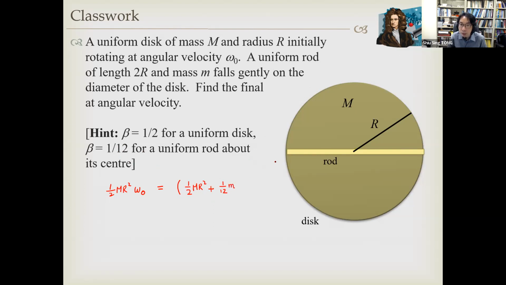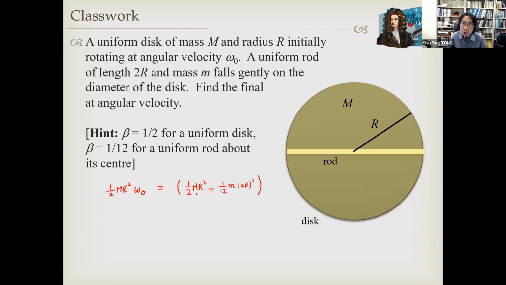But be careful. The length of the rod is not simply r, but 2r. So I have 1/12 of m of the length of the rod, which is 2r squared. So instead of just r squared, I need 2r squared here because 2r is the length of the rod.